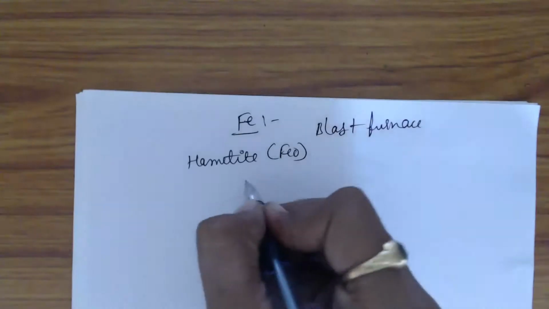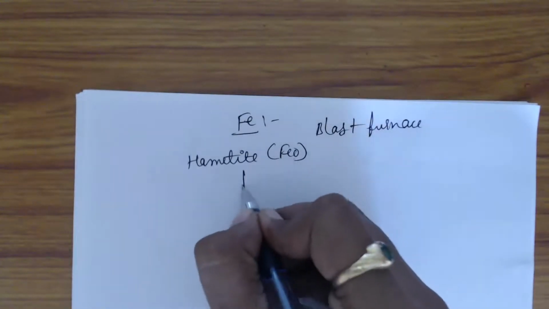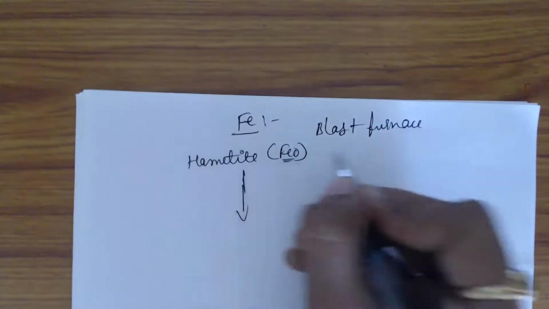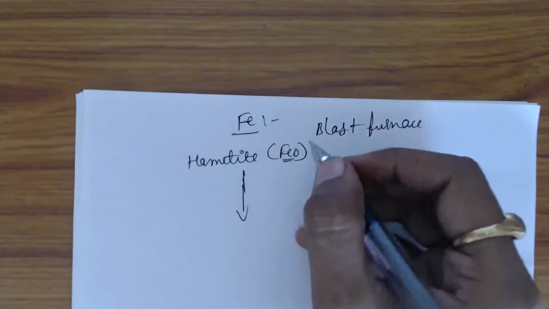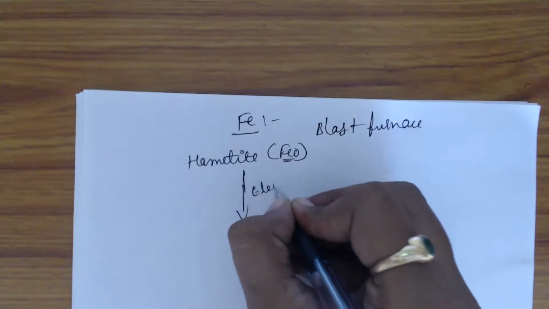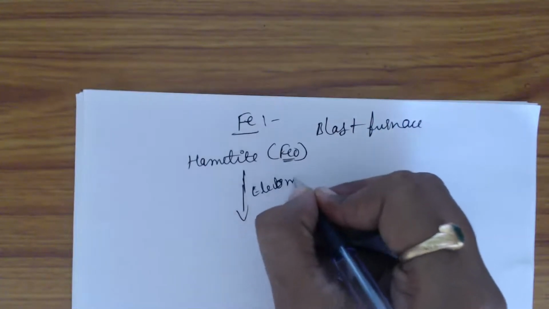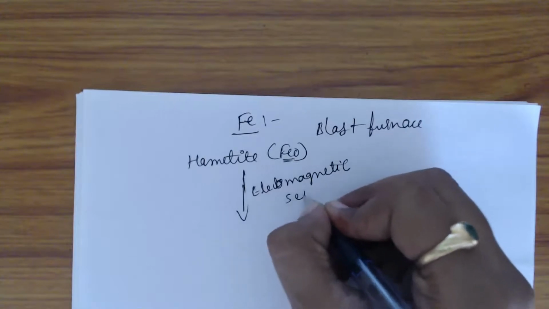This hematite ore is an oxide ore, and iron is strongly attracted by a magnetic field, so the concentration takes place by electromagnetic separation.